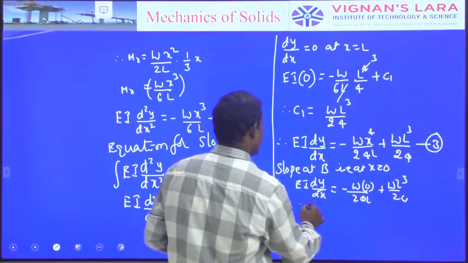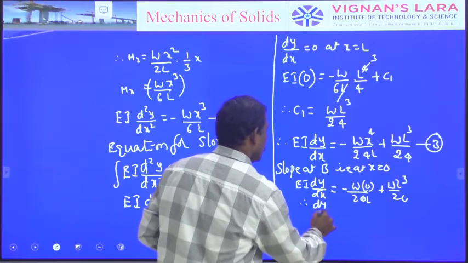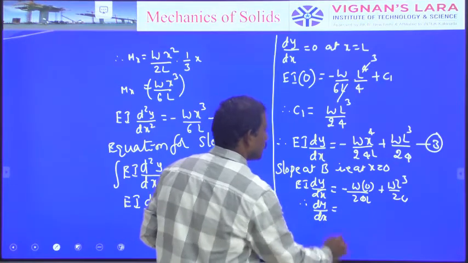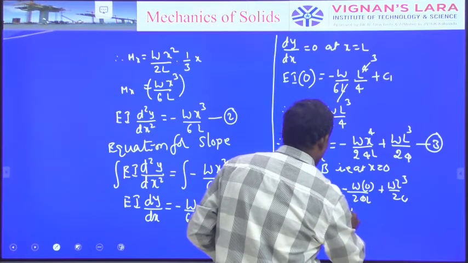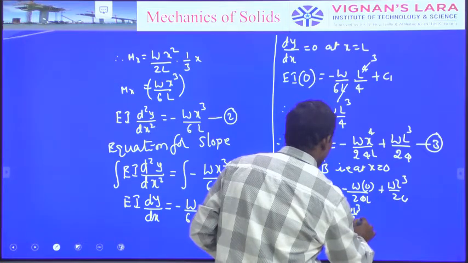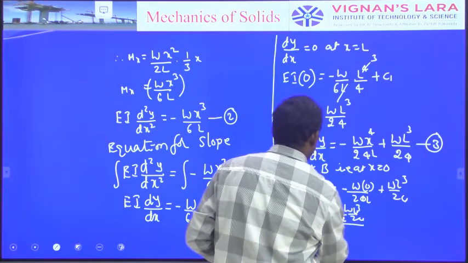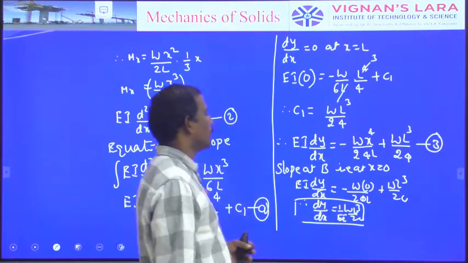Therefore dy by dx is equal to 1 by EI into WL cube by 24. This is the slope at B.